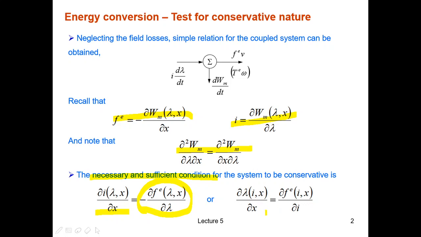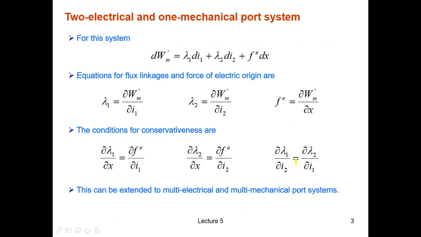So we do the left hand side dFe by di, and the right hand side we will do d lambda by dx, and we get this condition. So either we use the energy method and apply this, or use the co-energy method and test for this after we calculate the force and lambda for flux linkage.